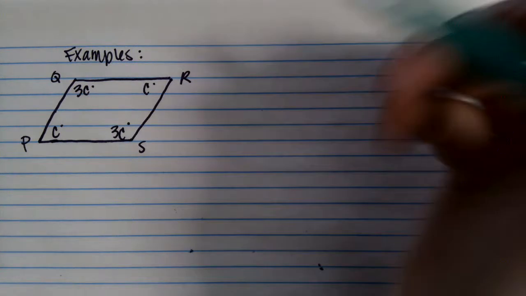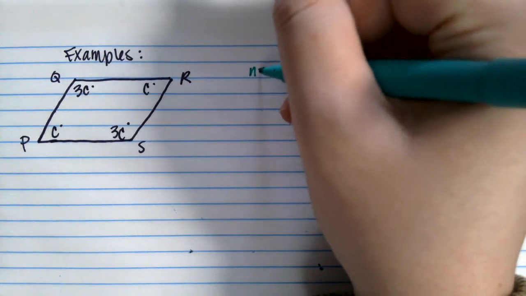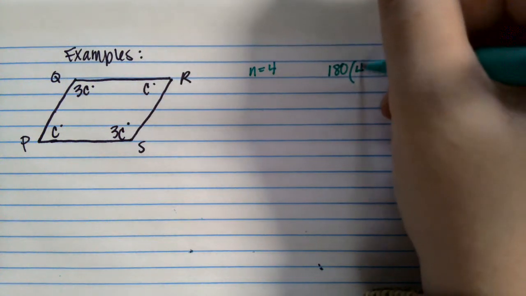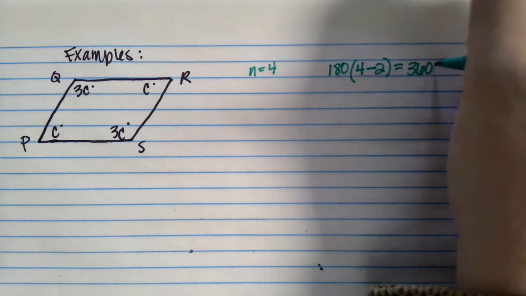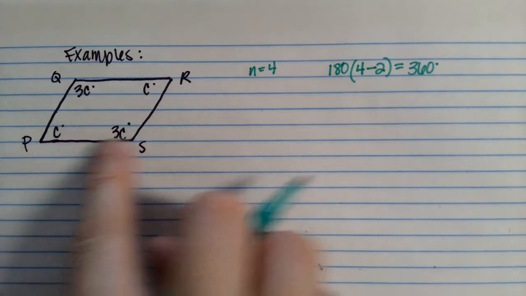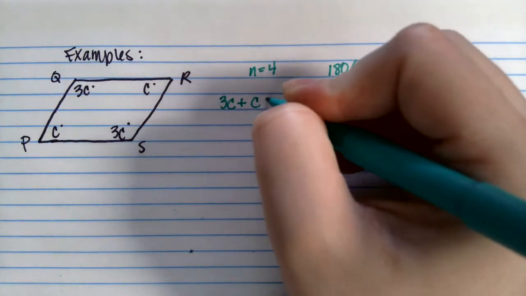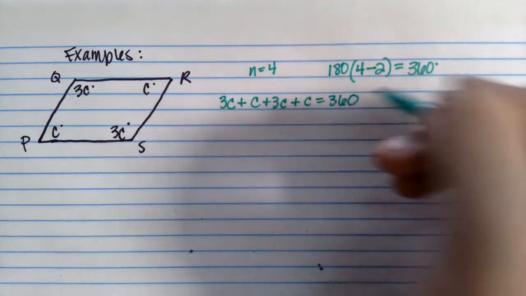So the first thing we need to do is figure out what the total angles are supposed to add up to. This has 4 sides, so in my formula, I do 180 times 4 minus 2, which is 360. So my total should be 360. To solve this, I can just do all my angles added up equal 360.